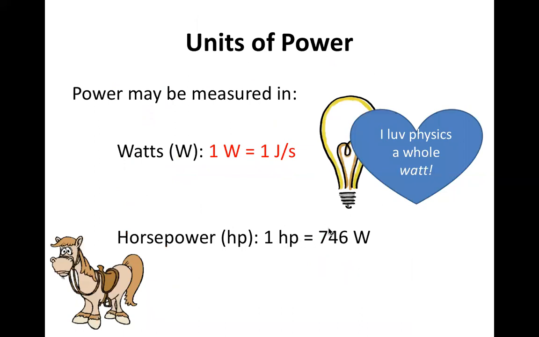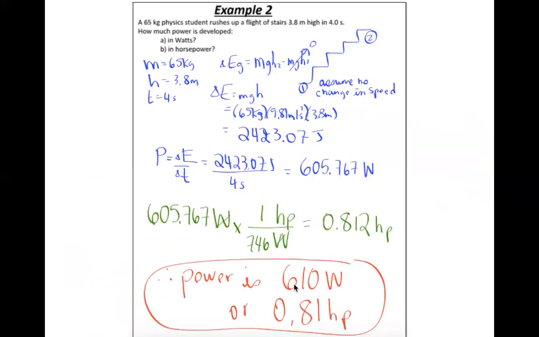Converting to horsepower, notice in our previous slide, we had a conversion. 1 horsepower equals 746 watts. If you take this value over that value, that is equivalent to 1 because the numerator is equivalent to the bottom. So we can make use of that conversion factor. And you might wonder, do I use 746 watts divided by 1 horsepower or the reciprocal of that?